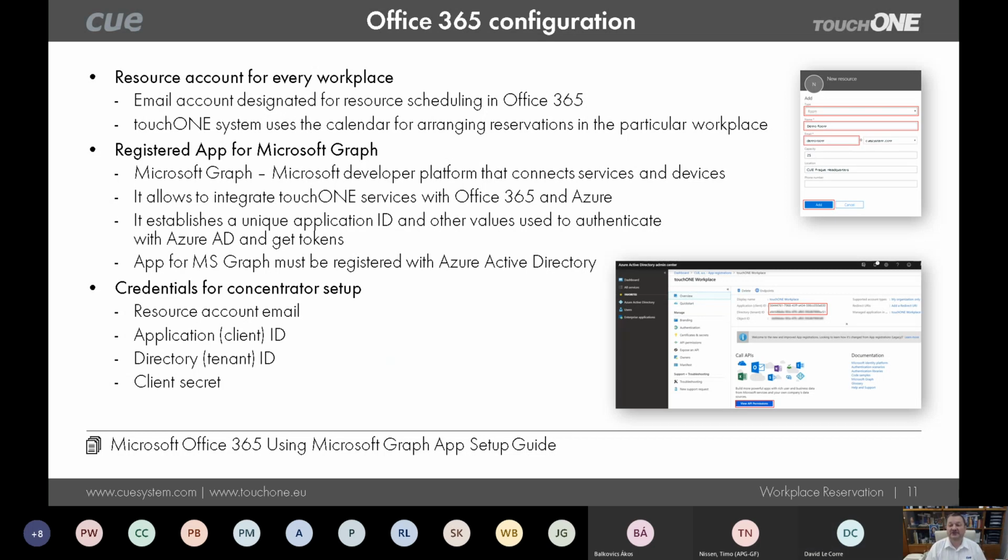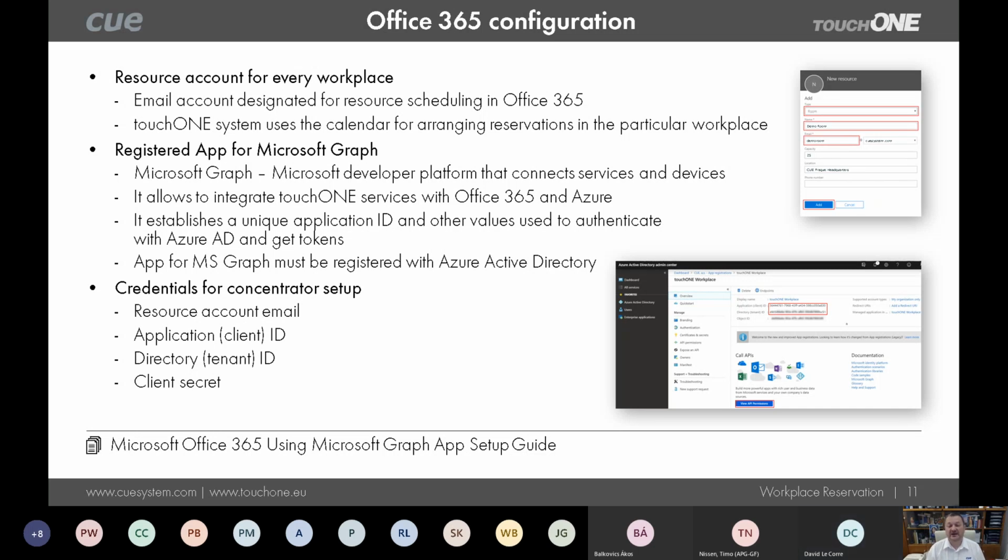It is also important to say that there are some special tools. Here I'm mentioning the tool called Microsoft Graph. Microsoft Graph is a developer platform from Microsoft for connecting different services and devices. We are familiar with Microsoft Graph in touchONE, and I recommend you pay attention to this part of the settings, because it's important if you want to succeed with the configuration of the touchONE system.